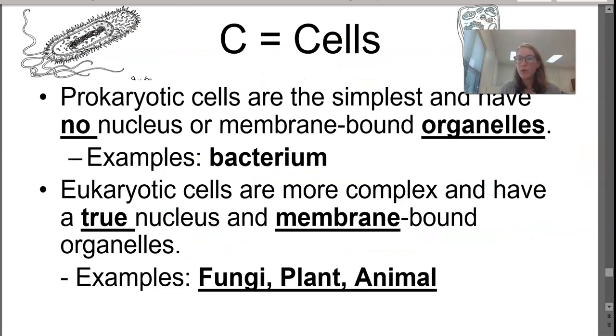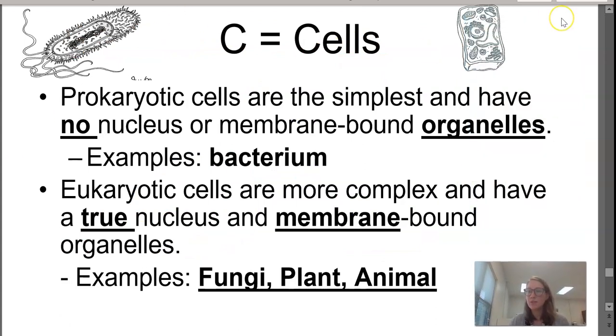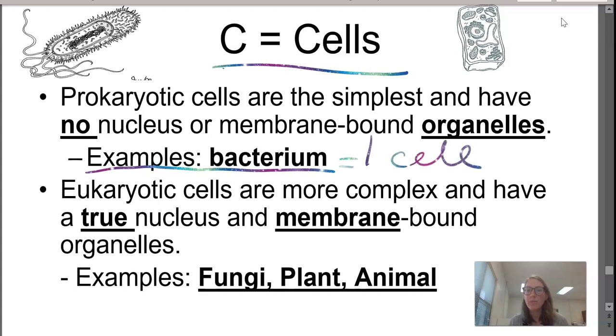All right, we are almost done. C stands for cells, and I already kind of talked about this. In order to be considered living, you have to have a cell, even if that's just one cell. An example would be a bacterium. They are just one cell, okay? A prokaryotic cell is another word for a bacteria. This is a prokaryotic cell, a bacteria cell right here.